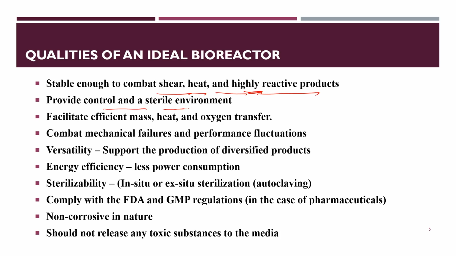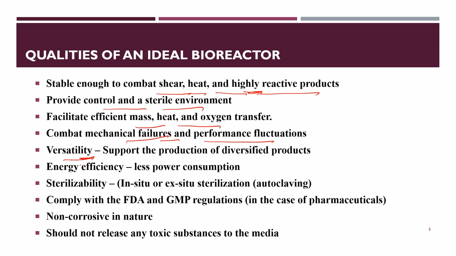It provides a controlled and sterile environment, because many times we do pure culture fermentation. It should facilitate mass, heat and oxygen transfer. It combats mechanical failure and performance fluctuation to ensure consistency in different batches of production.